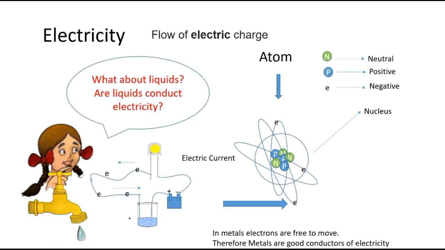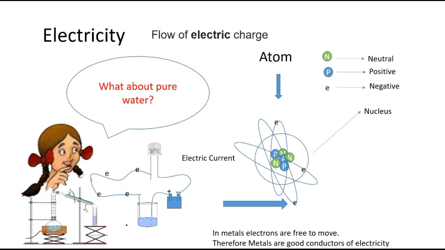Tap water allows electricity, whereas distilled water, which is a pure form of water, is a bad conductor of electricity.